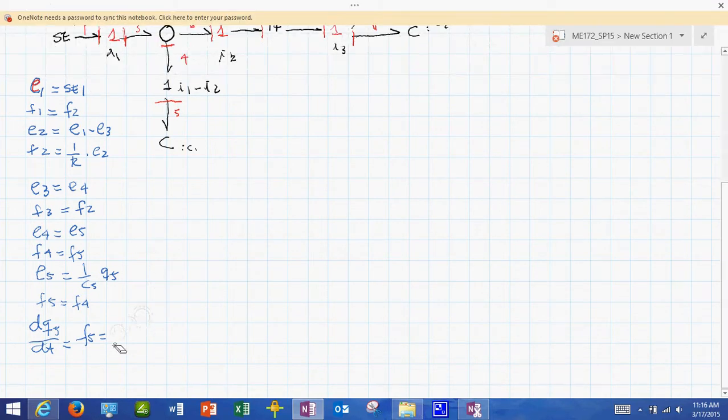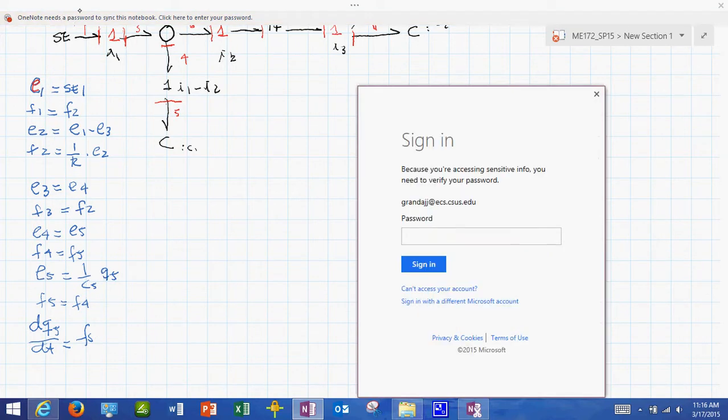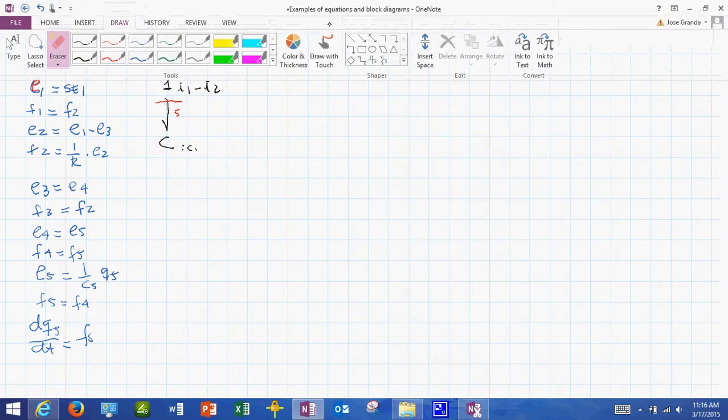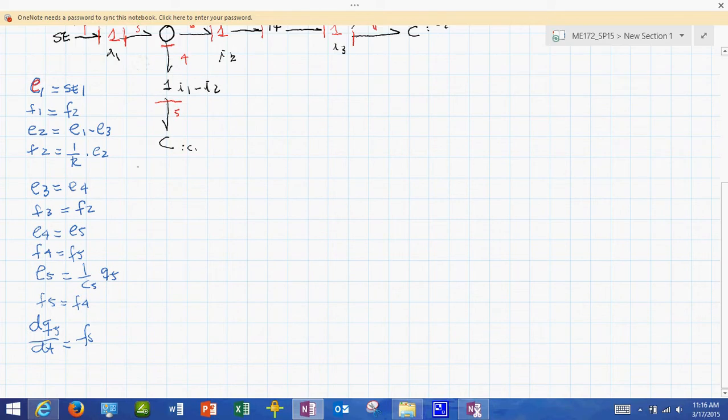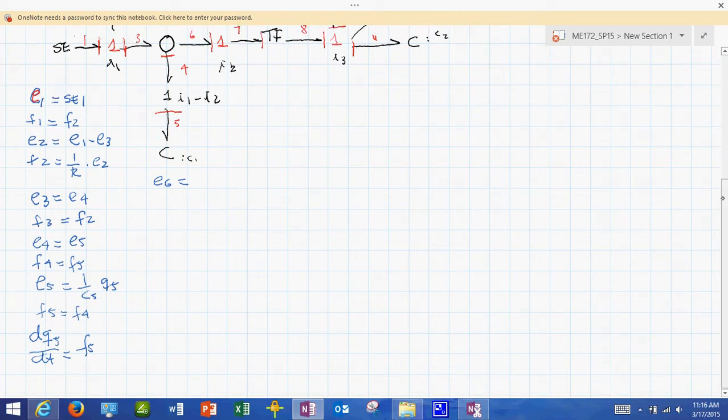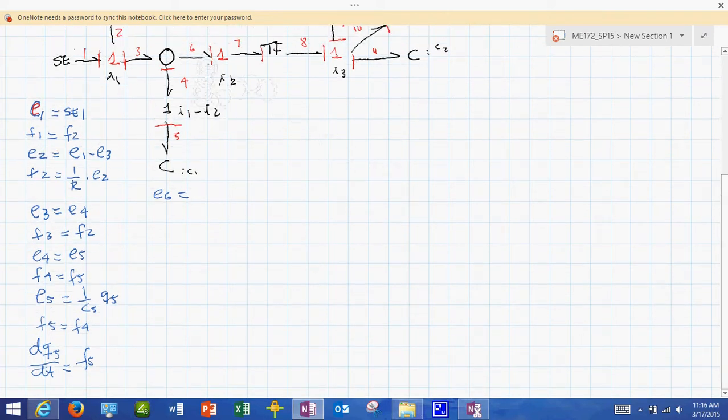Okay, so this is F sub 5. And then you have E sub 6. E sub 6 is E sub 4.